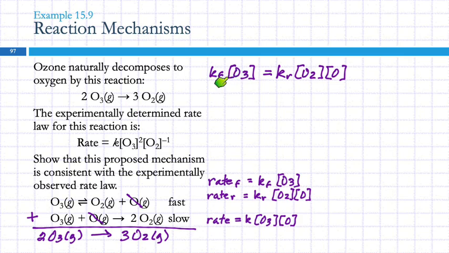So we're going to take this forward equals reverse thing and solve it for O so that we can substitute that in here and make it go away. Right, so we want to find out what O is in terms of the other things. So the concentration of O is going to equal the forward rate constant times the concentration of ozone divided by the reverse rate constant times the concentration of oxygen.